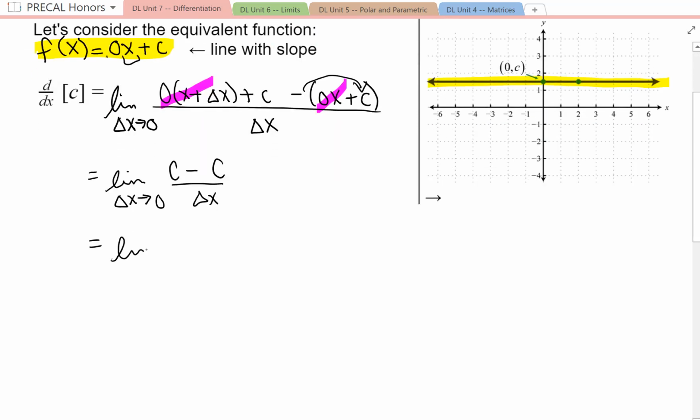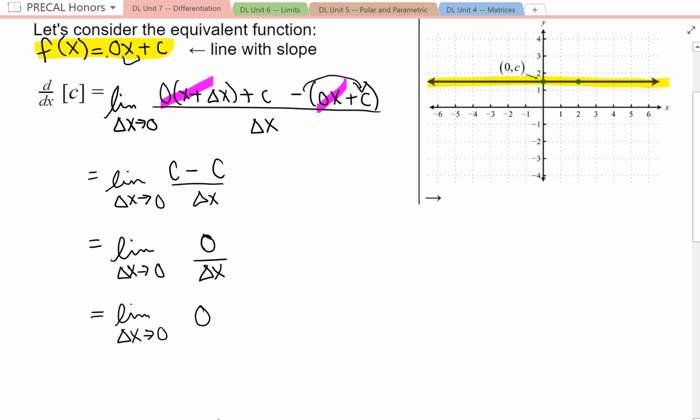We can continue to simplify before even using substitution. c minus c is 0. You don't have to use direct substitution to solve this limit because 0 divided by delta x is 0. If you can simplify algebraically first, then direct substitution isn't needed.